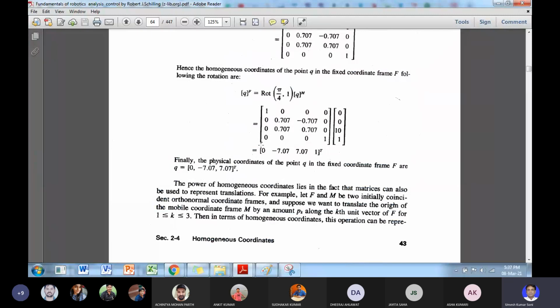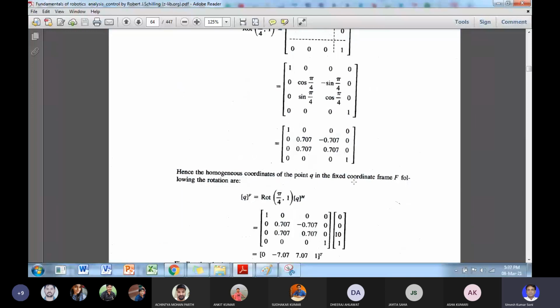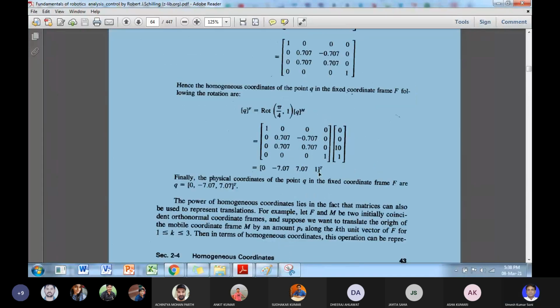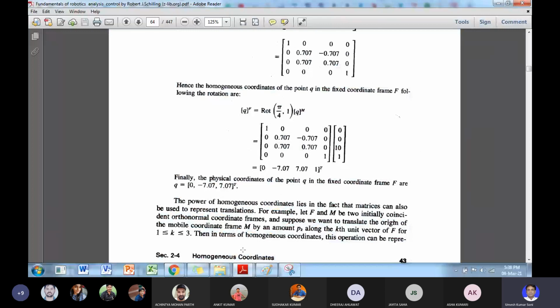Okay, here you see, the last term is additional to this px, py, and pz. So this is the additional one; this is the orientation matrix. This is the position px, py, pz, and this. Okay, so this one is what I am telling you about.